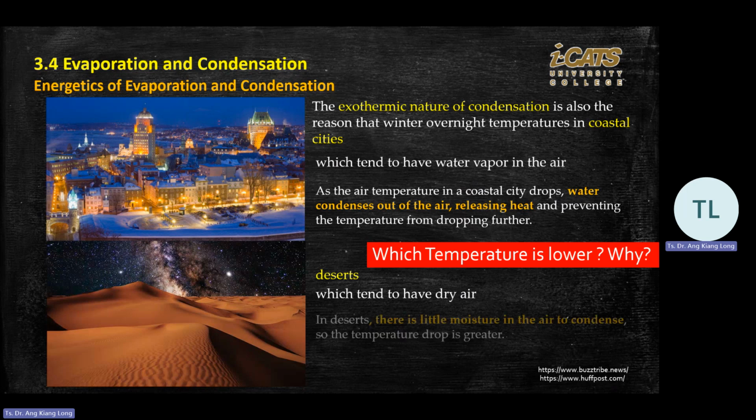Okay. In desert, there's not enough moisture, so the temperature will drop faster. So it's very dangerous if you're exposed to the desert. You will freeze to death sometimes. Right?